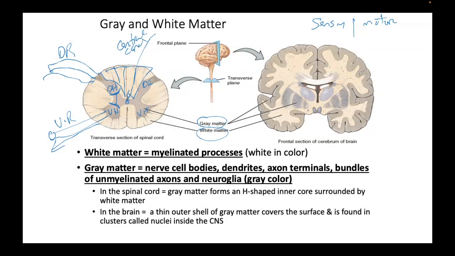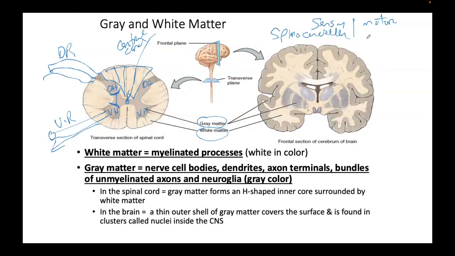So if the name of a tract is called the spinocerebellar tract, it means it's going up the spine to the cerebellum, which is in the brain. So if it's going from the spine to the cerebellum, it's going up, it's a sensory tract.